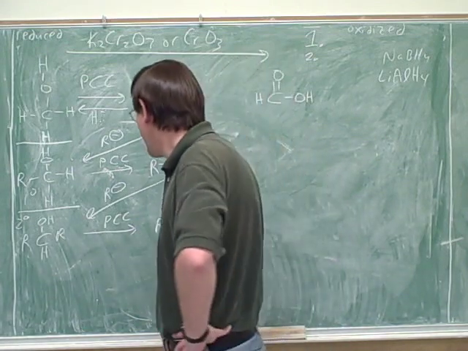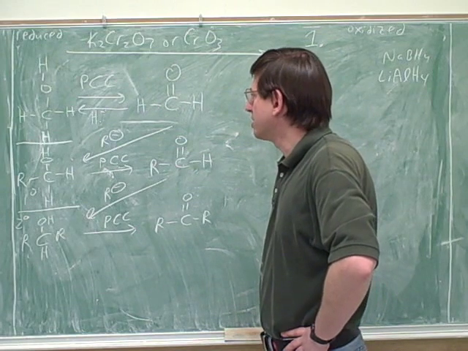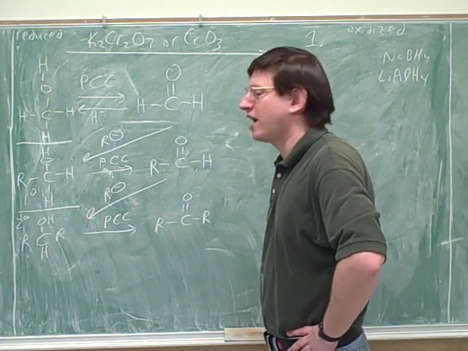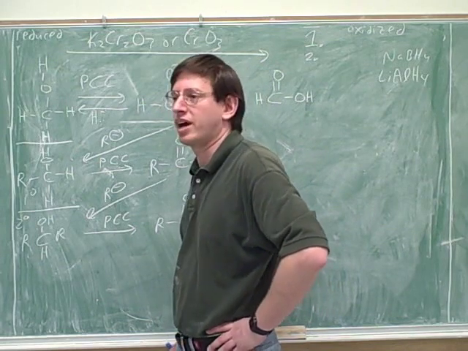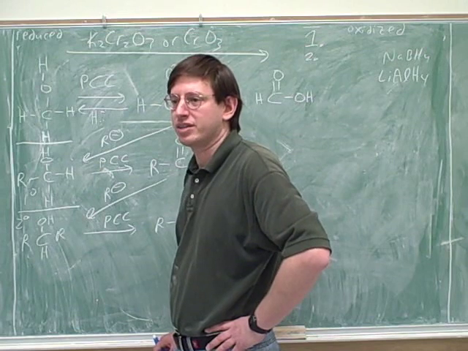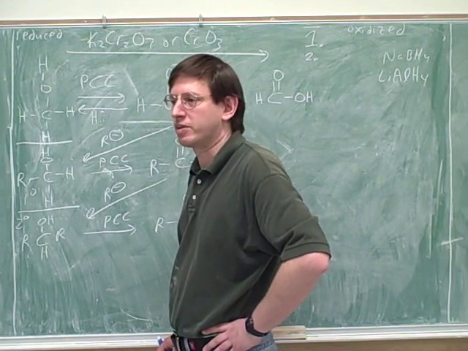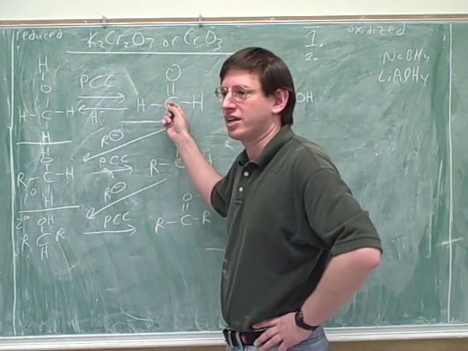Now actually, let's talk about something else here. What does it take to oxidize things? Remember that oxidation means losing a hydrogen. Every time we oxidize, we're breaking a carbon-hydrogen bond. For example, here, we broke this carbon-hydrogen bond to get to here.